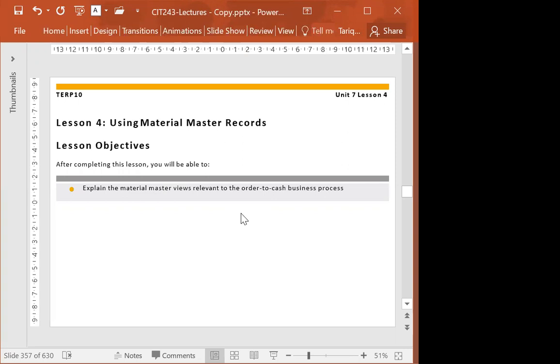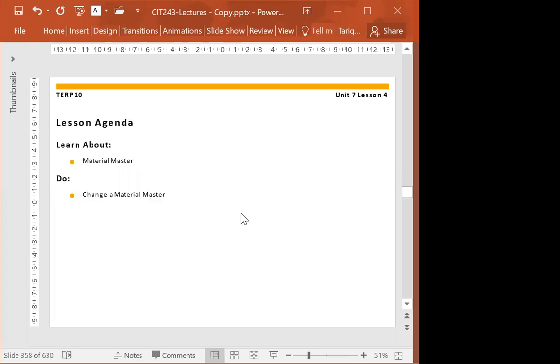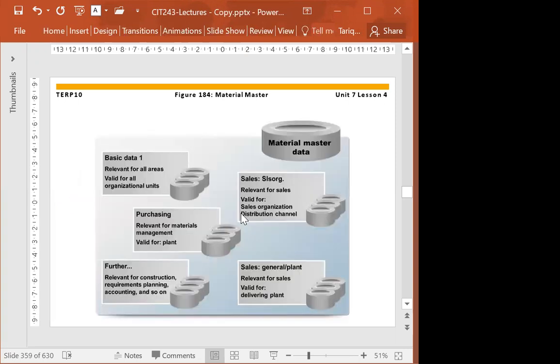Now we come to the material master data. Material master data is one of the biggest data; I heard that maybe they have 600 columns, something like that. It is again stored on different levels.